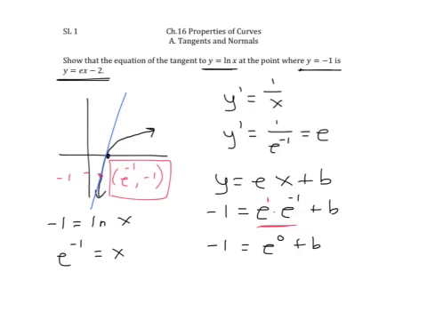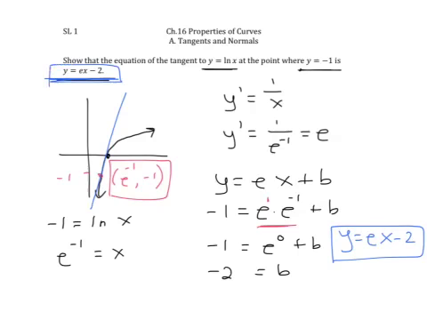But anything to the 0 power, except for 0, is equal to 1. So b is equal to -2. So finally we have y equals ex minus 2, which is what's given here.